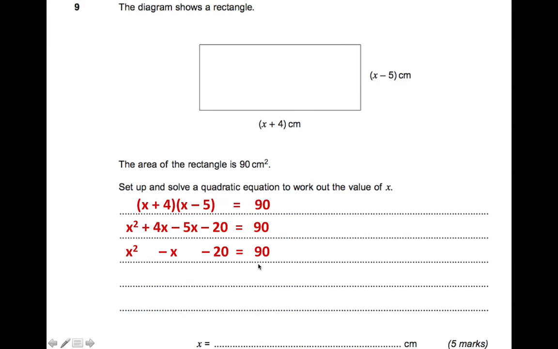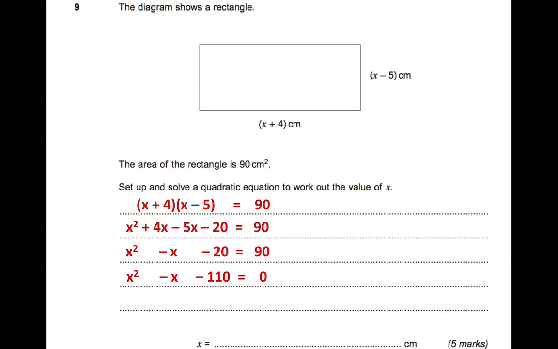So x squared minus x minus 20 equals 90. And then it's easier to solve quadratics if we have everything equal to 0. So I'm going to take away 90 from each side, and then that becomes x squared minus x minus 110 equals 0. So that's answered the first part of the question.